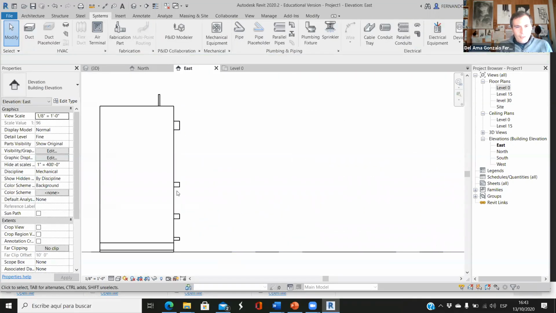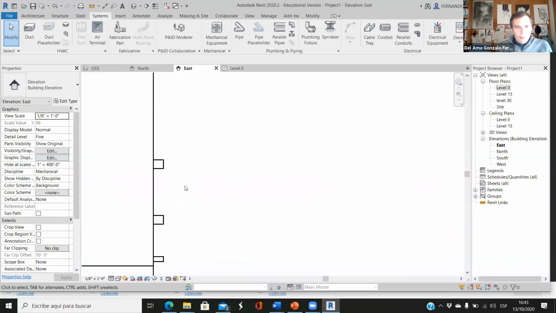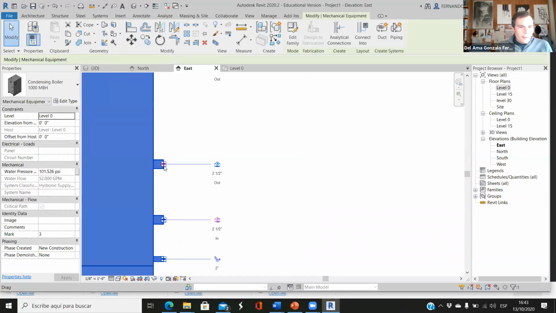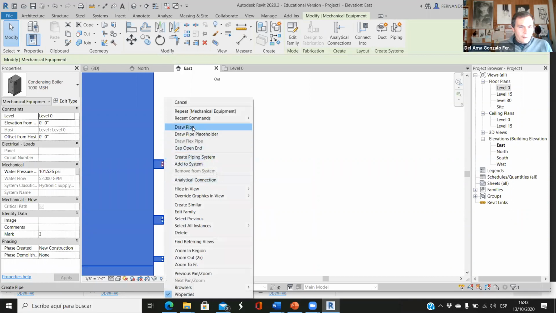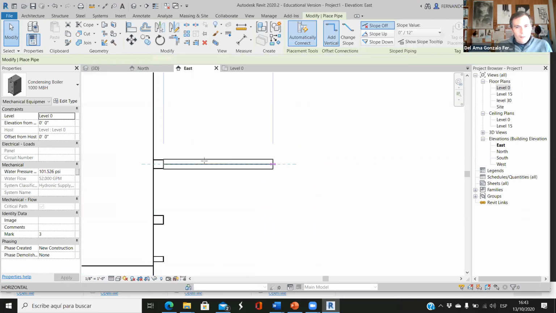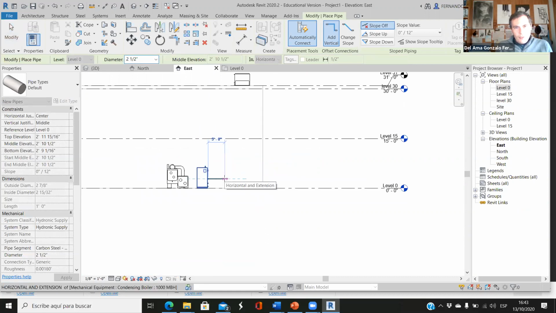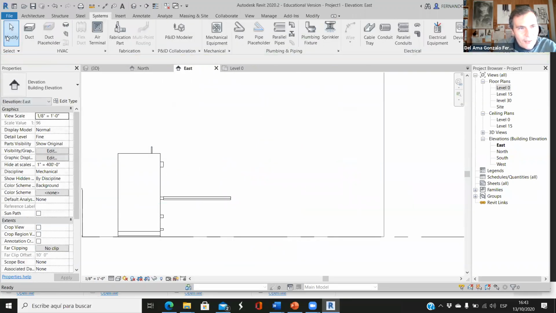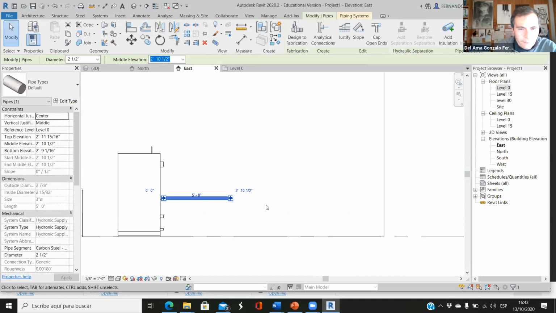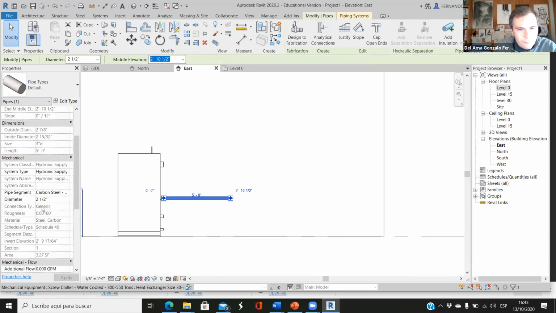So first, we have to go horizontally, and then we have to go up. So from this one, I can select draw pipe, and I have to go here, and then I can go up. But before going up, what is the size of this? 2.5.